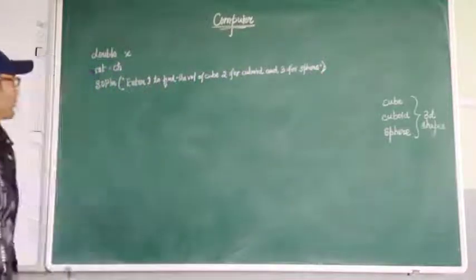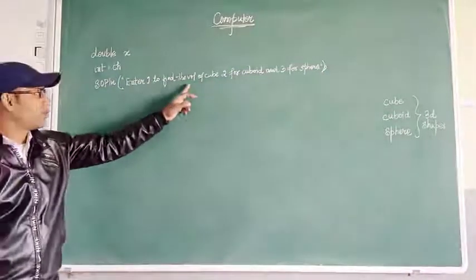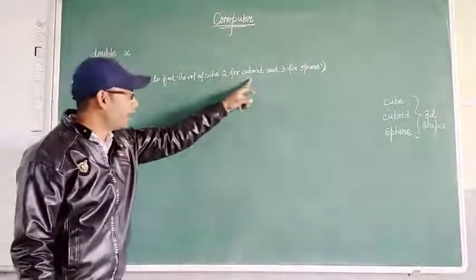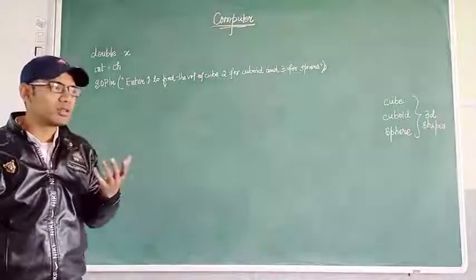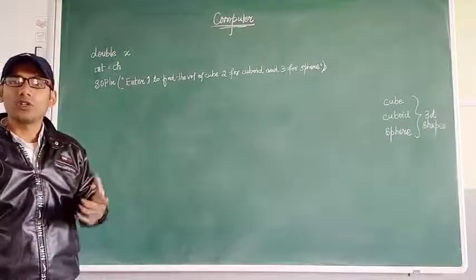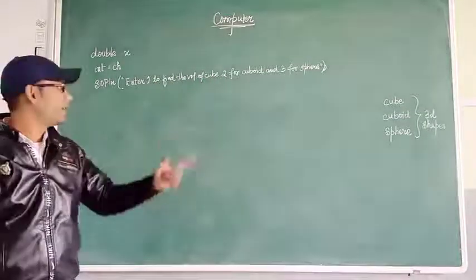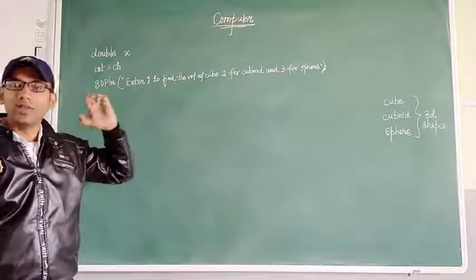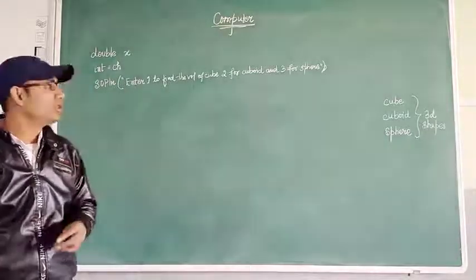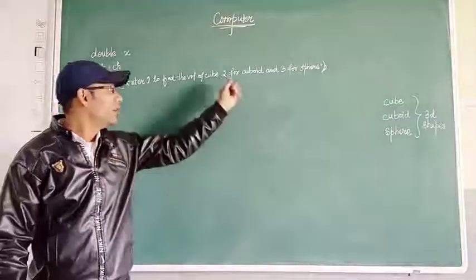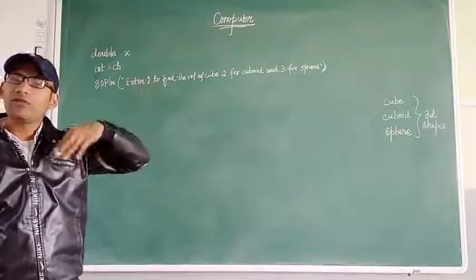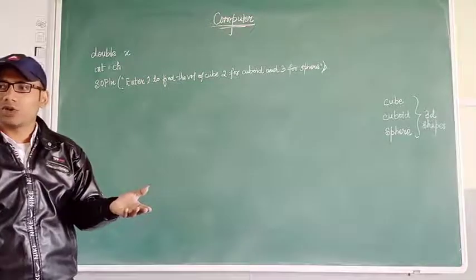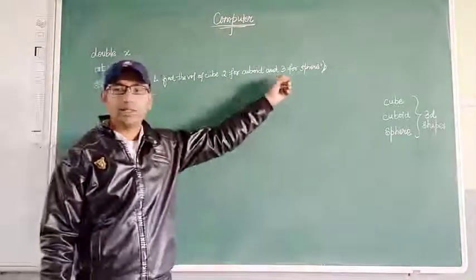Enter 1 to find the volume of cube, 2 for cuboid, 3 for sphere. So if the user wants to find the volume of cube, he or she should enter 1. If the user wants to find out the volume of cuboid, he or she should enter 2. Understood? If he or she wants to find out the volume of sphere, then 3.